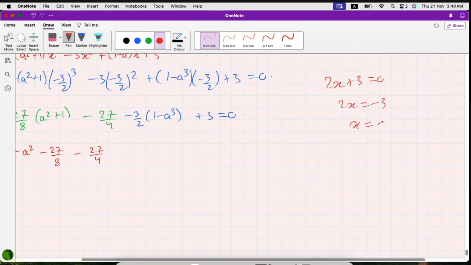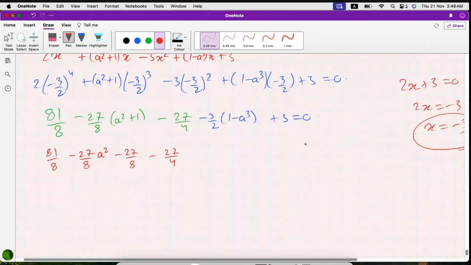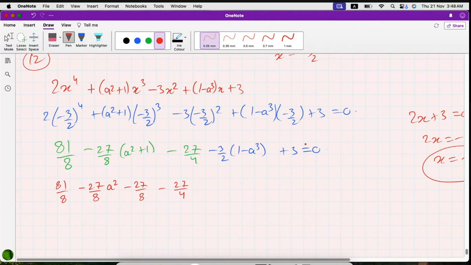But you see, it's plus 3 equals 0, and then before that, it's minus 3 by 2 times (1 minus a cube). I've just rearranged it, nothing else. That was the constant, so I just brought it to the left hand side. Okay.